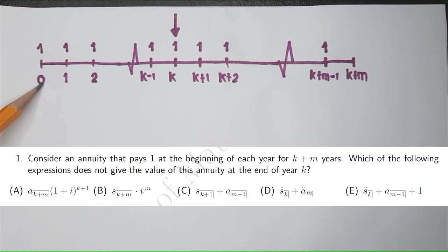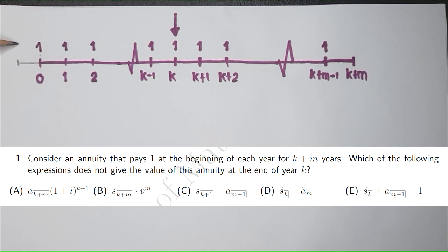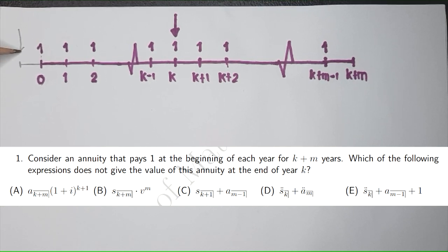Kasi kapag dito, may first payment, annuity due ang gagamitin na actuarial symbol. It's a double dot. At hindi yun yung nakalagay sa letter A. Okay? So, dun sa letter A, ang ginawa, nag-move ng isa pang year. Okay? Dito. Tapos, ito ang ginawang valuation date.